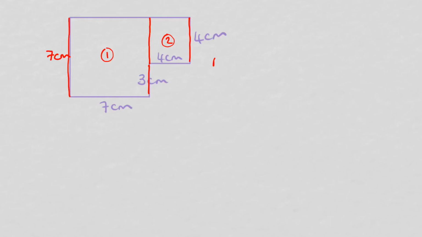And so our working, you need to write down the formula. Then number 1, the area is length times breadth, so that's 7 times 7. I'm just going to show you a slightly different way of writing this down so that you can save a bit of space if you want to. The second rectangle, the area is 4 times 4.